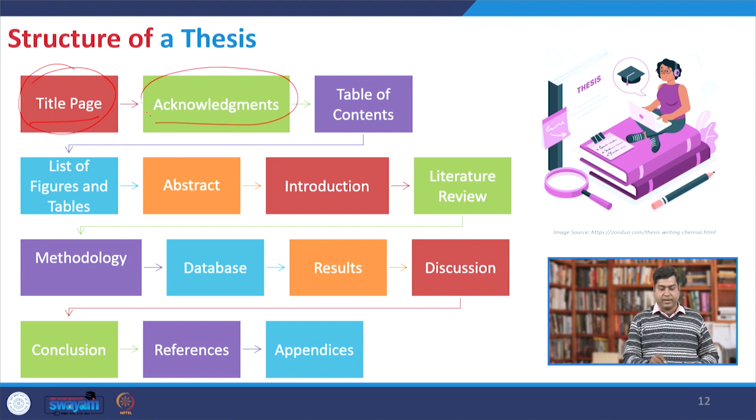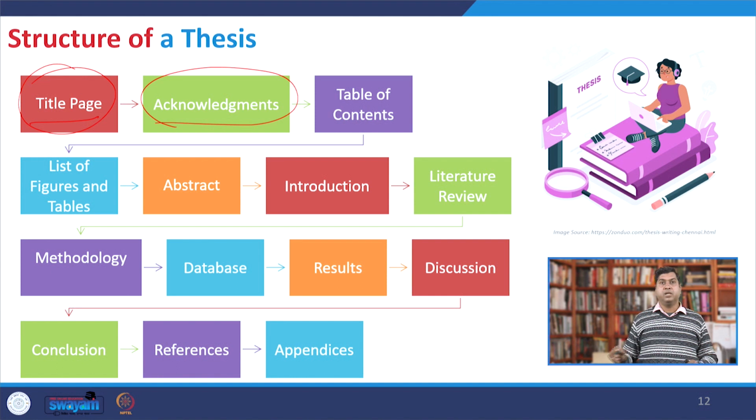Then you have the acknowledgement section, where you can acknowledge all the persons and all the organizations who helped you in some regard with your thesis. It may be that somebody motivated you to do the research, or someone funded you for some activity.